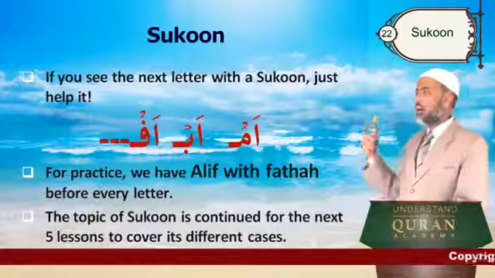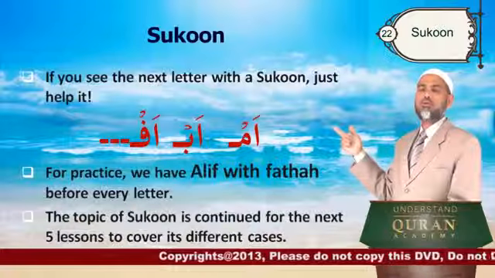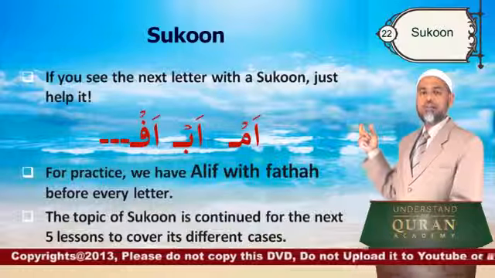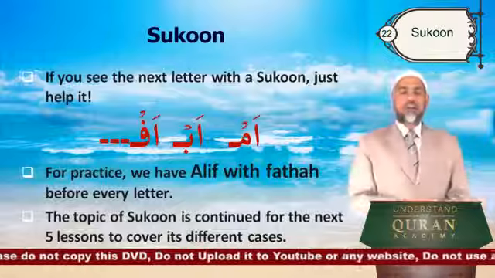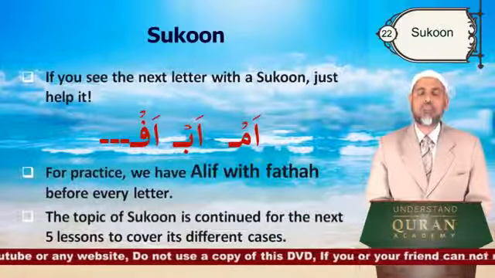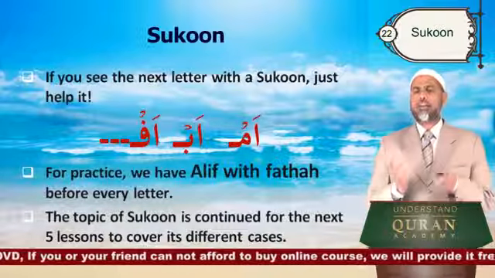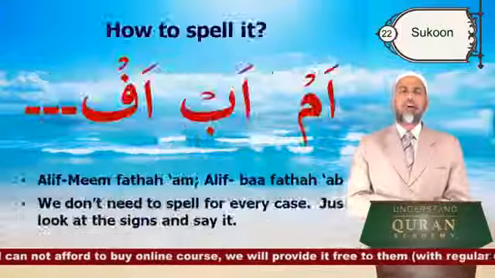For example, a, and there is Mim with sukoon, am. A, there is ba with sukoon, ab. A, there is fa with sukoon, af. For practice, we have alif with fatha before every letter that we will do now. And the topic of sukoon is continued for the next 5 lessons to cover its different cases. How to spell it?